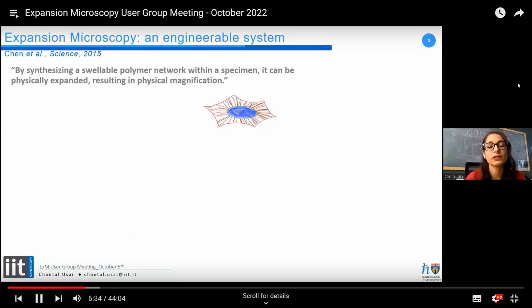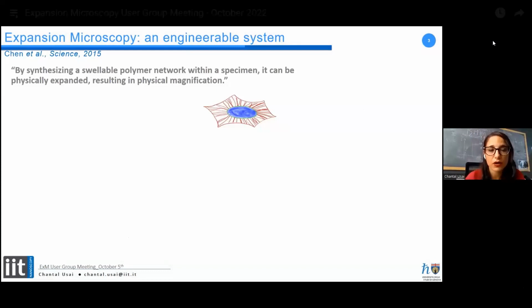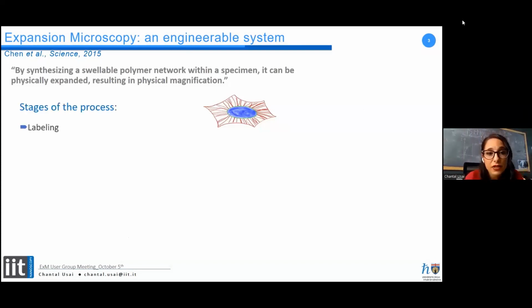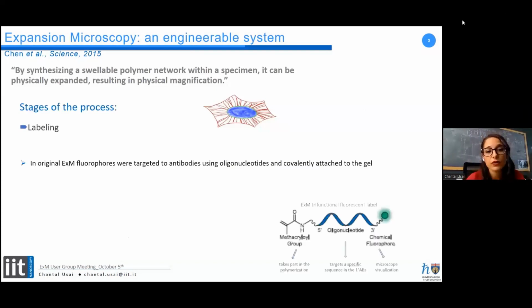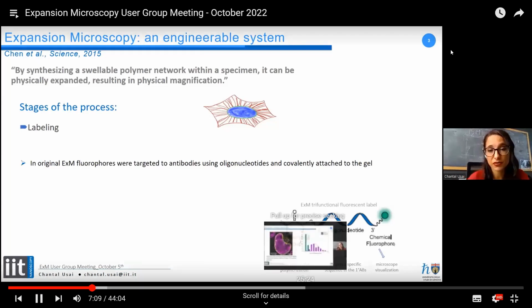We all know that, but when you work with expansion microscopy, it's very important to see each step, to see this system as an engineerable system, and you can customize each step in order to achieve what you want to achieve. So starting from the labeling, in the original expansion, the first protocol from 2015, they were using a trifunctional fluorescent label featuring an oligonucleotide sequence to target the primary antibodies for the immunostaining in the sample.